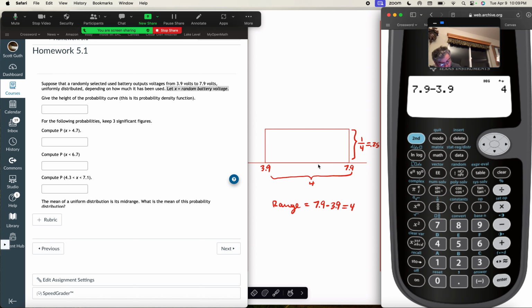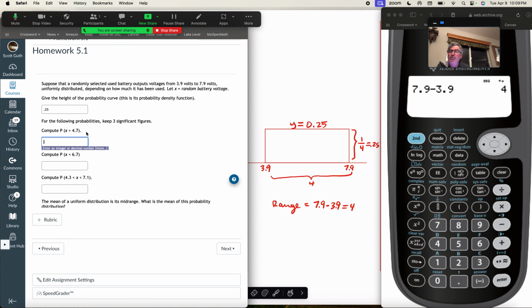Okay, so the curve up here is y equals 0.25 or 1/4. So that's the first question here, the height of the curve, 0.25.